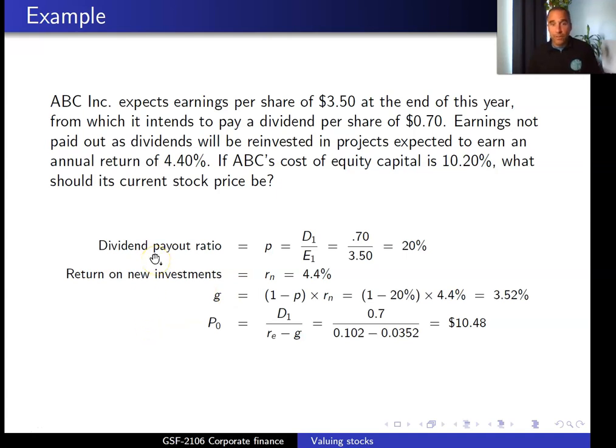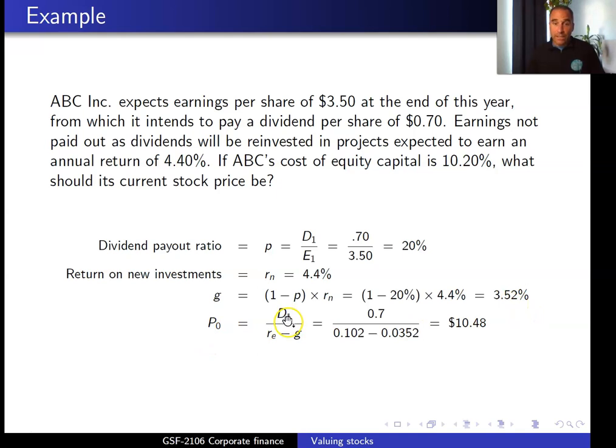First, compute the dividend payout ratio. p is D1 over E1, 70 cents over $3.50, 20%. Return on new investment, 4.4%. Expected growth rate is 1 minus the payout ratio times the return on new investment, so (1 minus 20%) times 4.4%, 3.52%.